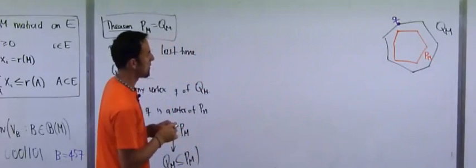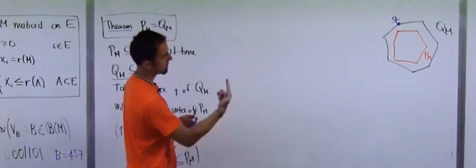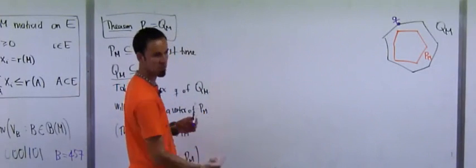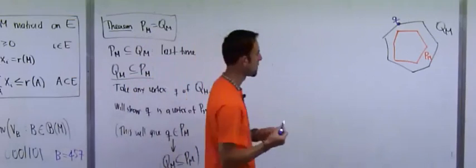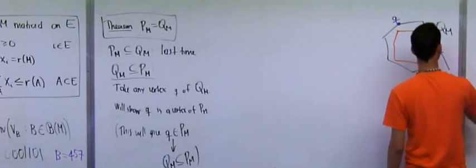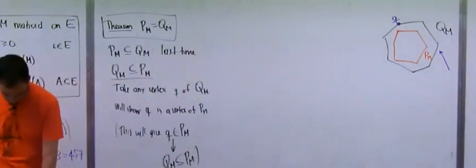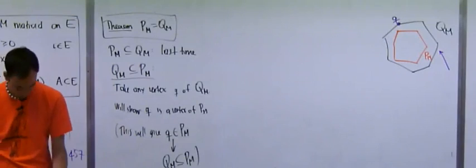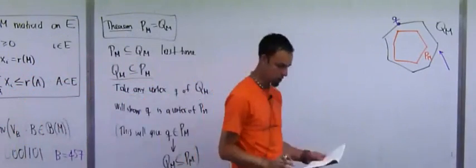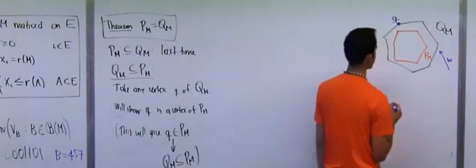And again, how do you describe a vertex of Q sub m? Well, you say this vertex Q is the point that maximizes some linear function. So let's say that you have a linear functional like this, and I'll call it W. Okay.